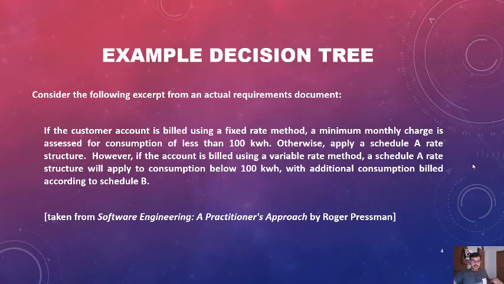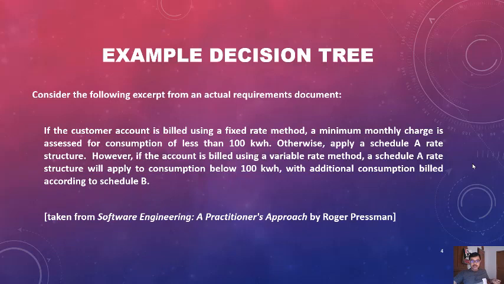If it is fixed rate and the consumption is less than 100 kilowatt, then the action is the minimum monthly charge. But if the consumption is greater than 100 kilowatt and it is a fixed rate, then it applies a schedule A rate.